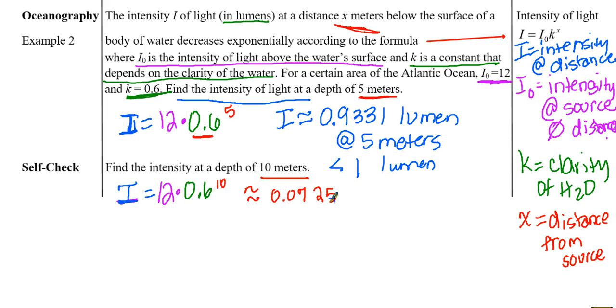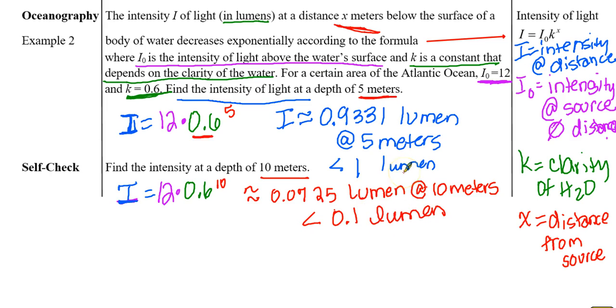Is it 25 or 26? 25 lumen at 10 meters. Or what would be another acceptable response? Less than 1/10 lumen? Okay, so today we're going to stop there, and tomorrow we're going to study exponential growth.